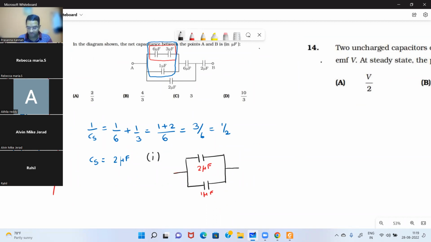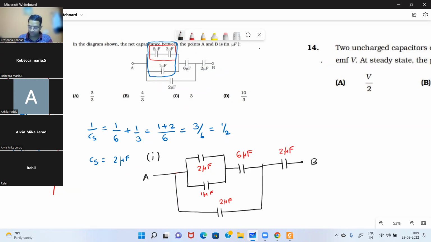So this is the combination that is in series with 6 microfarad. Then that whole thing is in parallel with the 2 microfarad capacitor. And then this whole thing is in series with the final 2 microfarad capacitor. So this is the scenario, right?